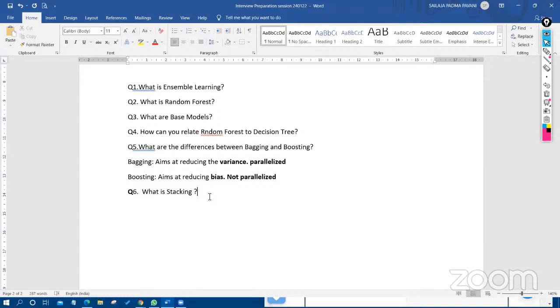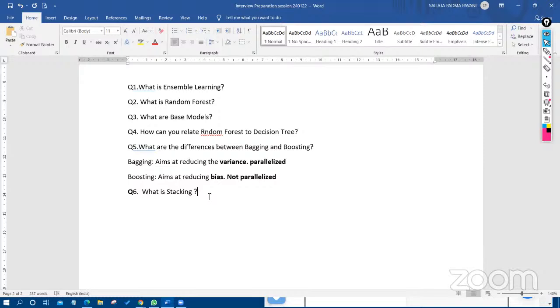Yes, very good. So stacking means several different types of weak learners can be combined, and by training them, we are able to get a meta model to output predictions.